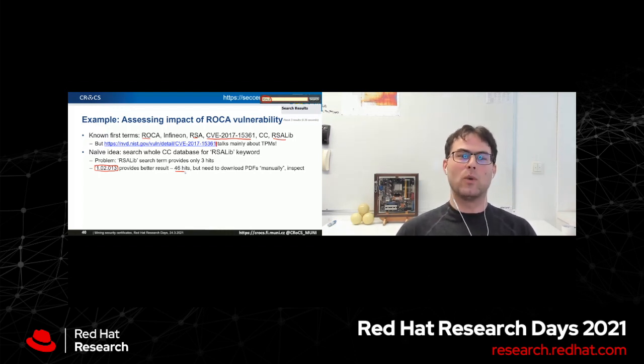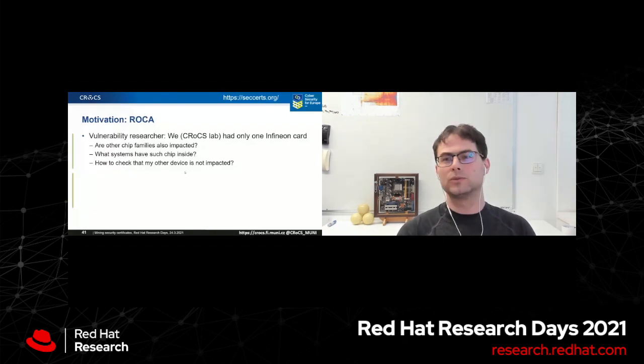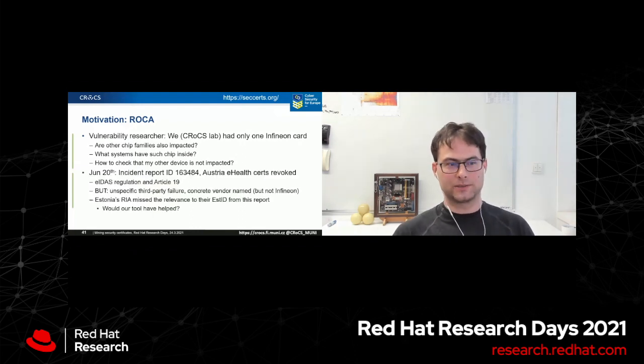So this was one part we had from the view of a vulnerability researcher. We had just one Infineon card at that time, and then we were searching who else is impacted, whom to responsibly notify, and so on. And then there was another interesting case.